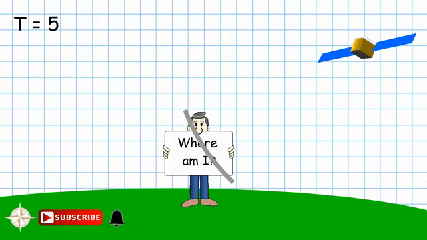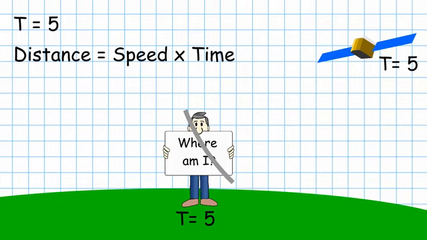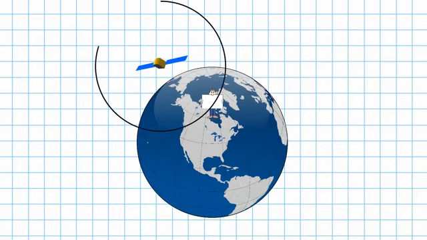If the time on the receiver and the time on the satellite were perfectly in sync, the receiver could easily calculate the precise distance to the satellite using the equation distance equals speed times time. Time was measured at 5, and the speed is the speed of light. With that distance, it can draw a ring around the satellite and know that it is somewhere along that ring.